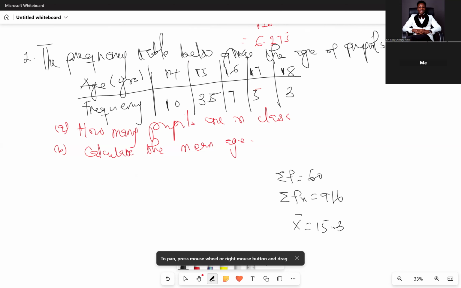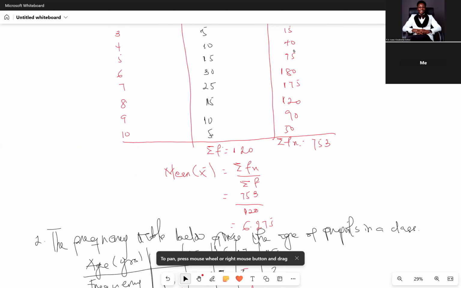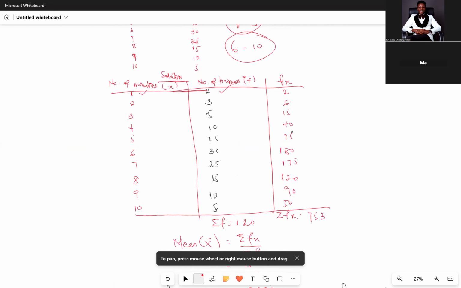Now, another interesting thing. You know how to calculate the mean, right? We're still dealing with the grouped frequency distribution table. Sometimes they can move ahead of you and give you the mean. This is what you should be prepared for. An example is this question, the number of minutes it took trainees to identify a fault.